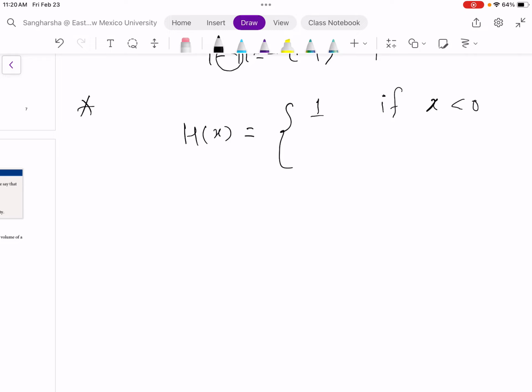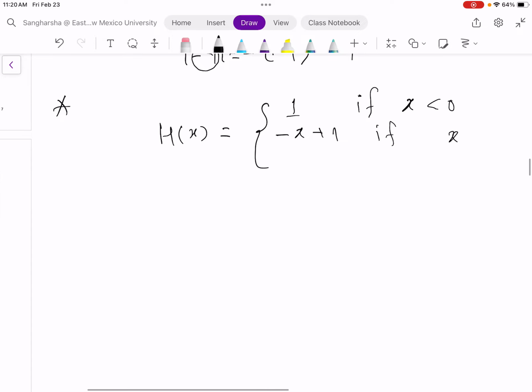And this h of x is negative x plus 1 if our x is greater than 0 and less than or equal to 2. And this same h of x is negative 3 if our input x is greater than 2.